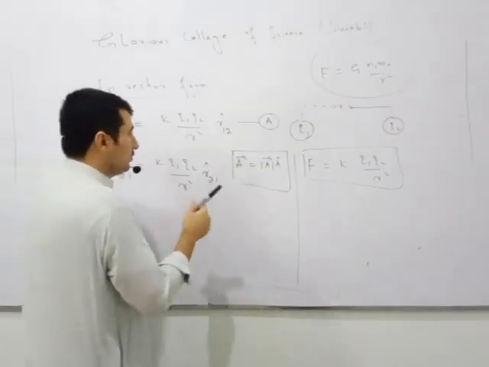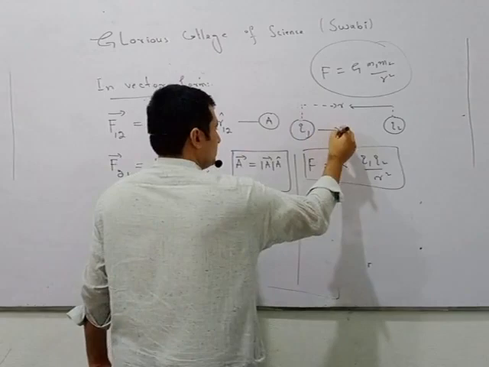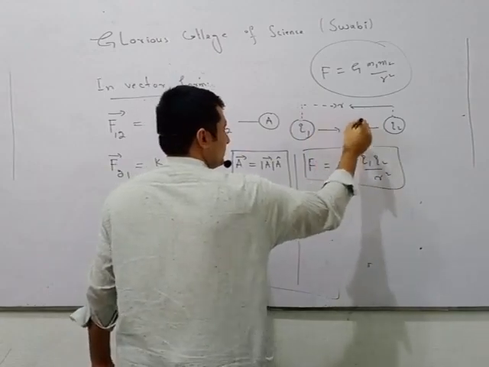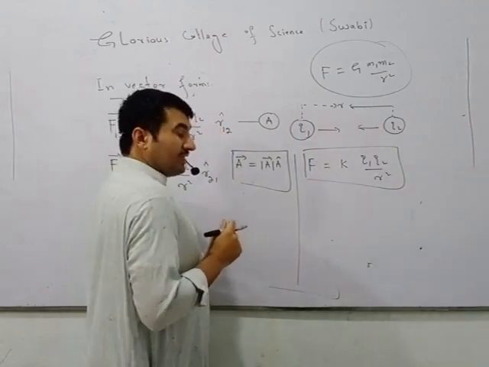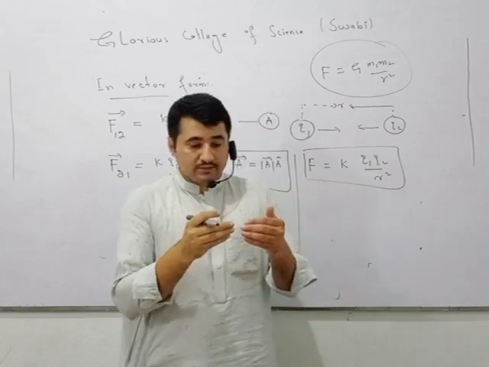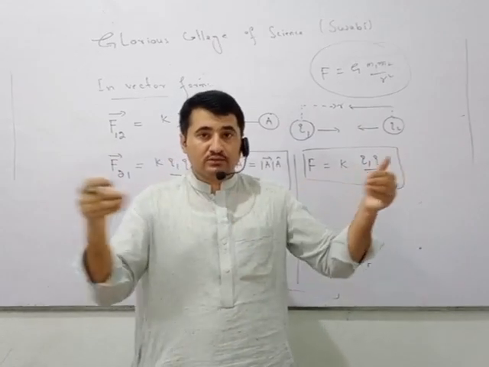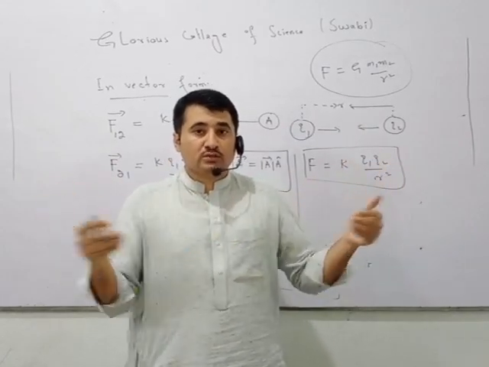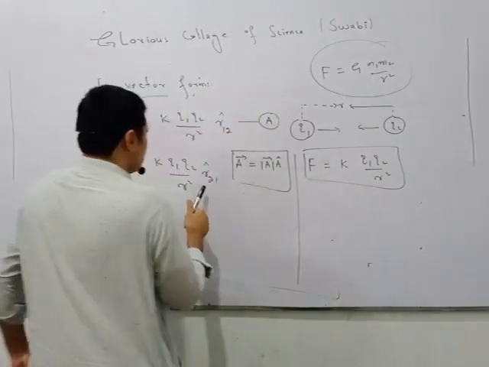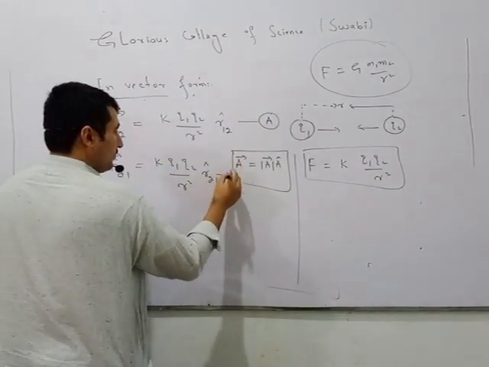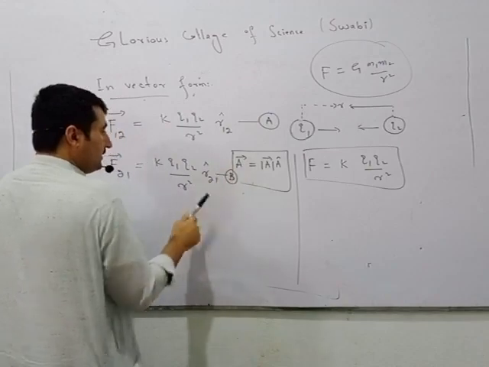Clear? So one is in this direction, the other is in this direction. So remember, this force is along the line joining the two charges. This is equation B.